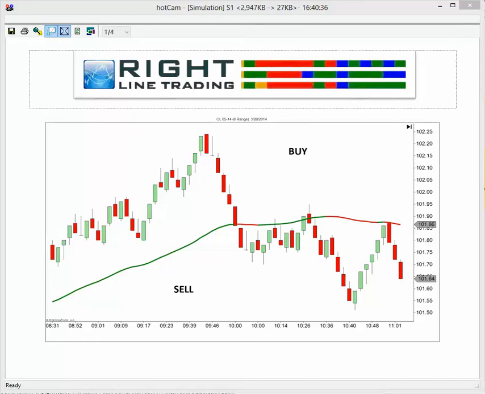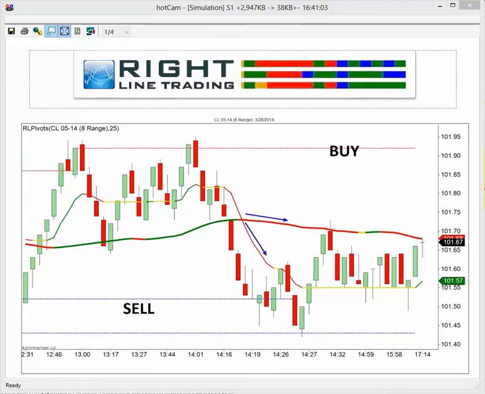And what we have said is that when you're above the 50 period moving average, and this is just a simple 50 period moving average we use, the bulls are in control. So we only go long above the 50. Below the 50, we only sell short. Then we have a proprietary 15 period moving average that further defines market structure.